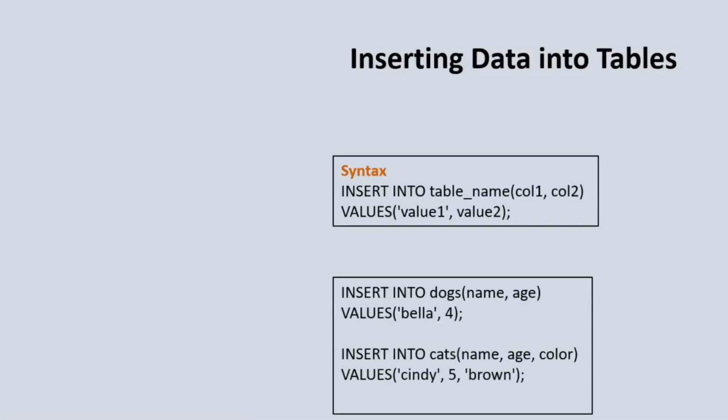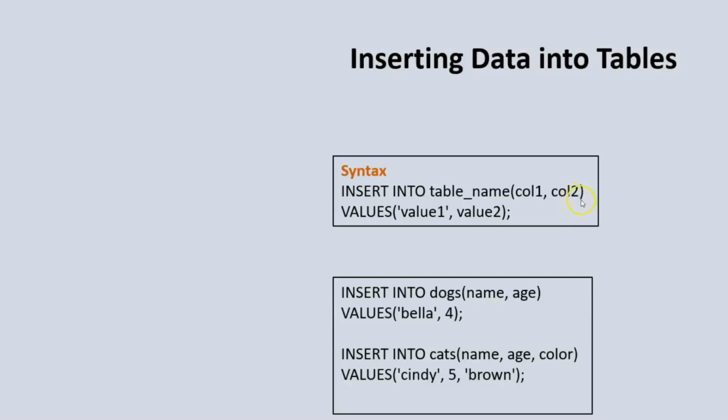Let's take a look at the syntax to insert records into a table. We have the keyword INSERT INTO, followed by the name of the table. We open our parentheses, and we have to indicate which columns we want to insert values into. So we have column 1, and then we have column 2. If we have more than 2 columns and we want to insert records into all of those, we have to indicate that here as well.